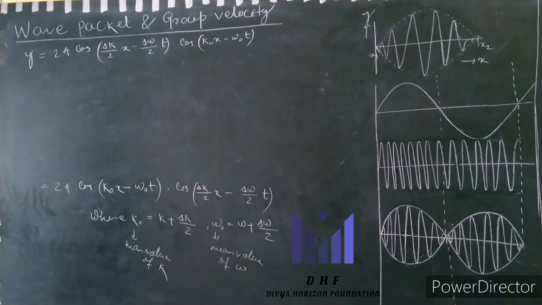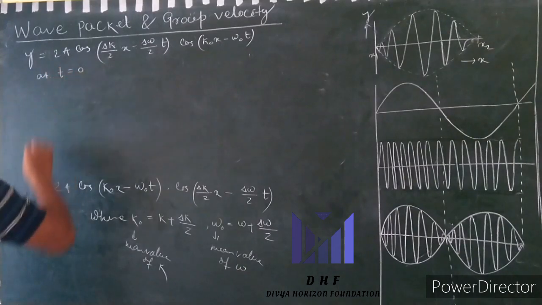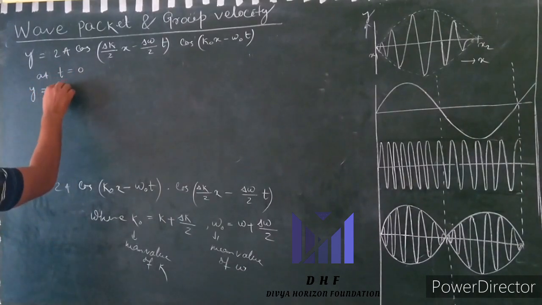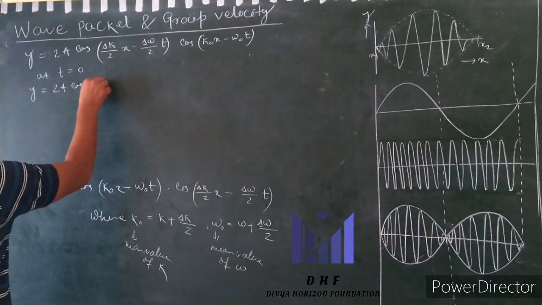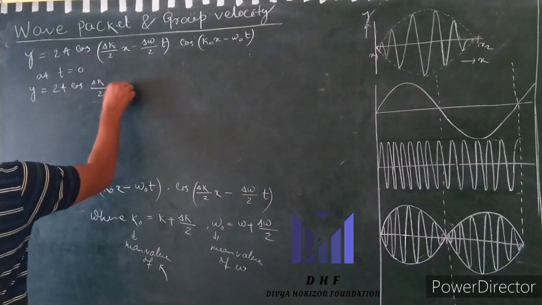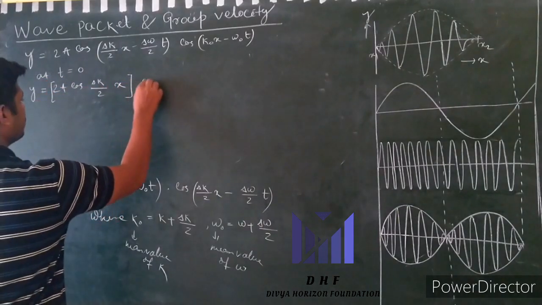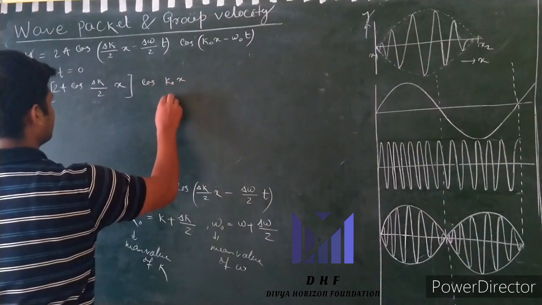So at time t is equal to 0, the shape of the waveform will be y is equal to 2a cos(del k by 2 into x) into cos(k0 x).